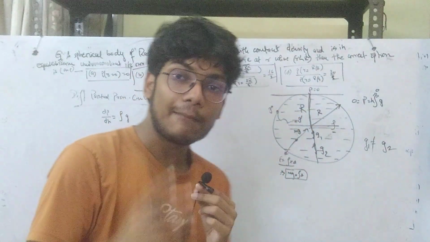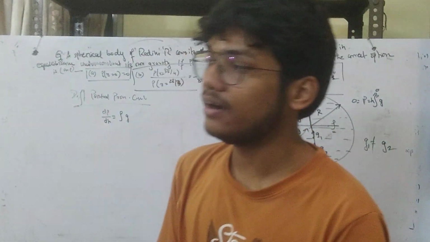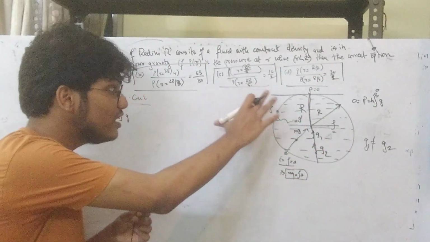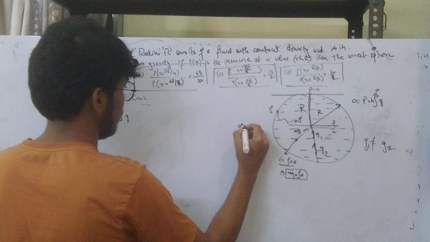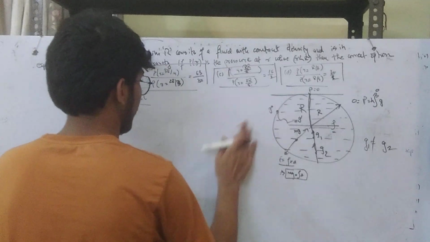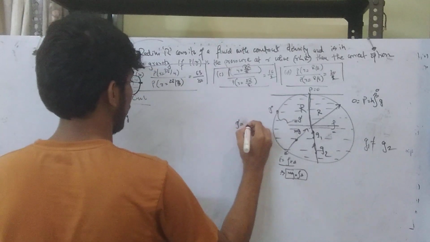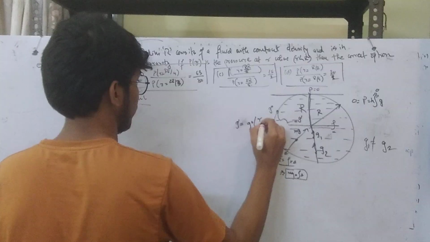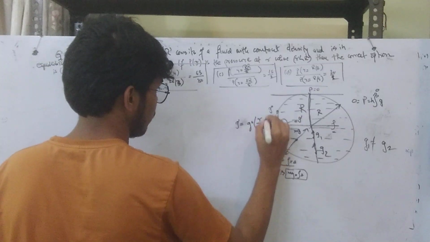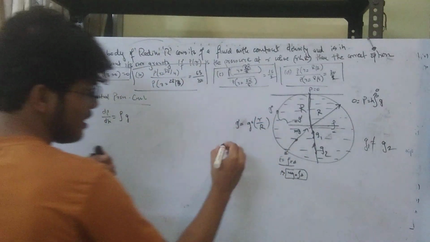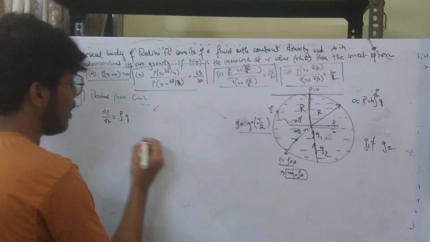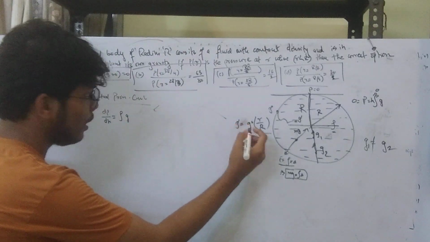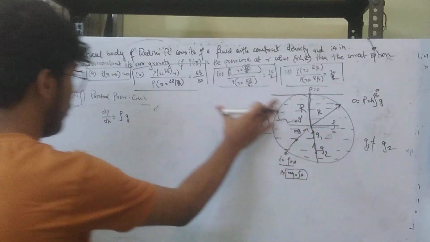In the gravitational chapter, we had already learned the relationship between this g naught and g dash. It's actually g dash equals to g naught into small r by capital R. So that's the relationship you already know. So just replace g by g naught by this whole thing.